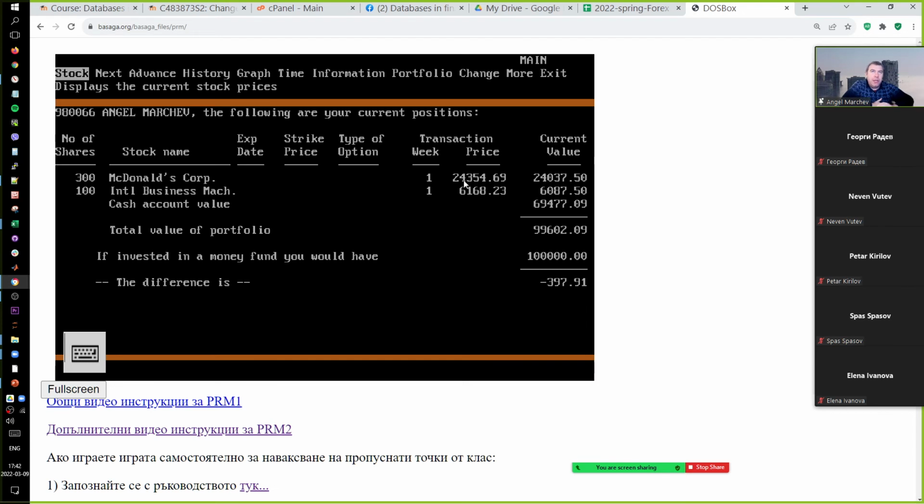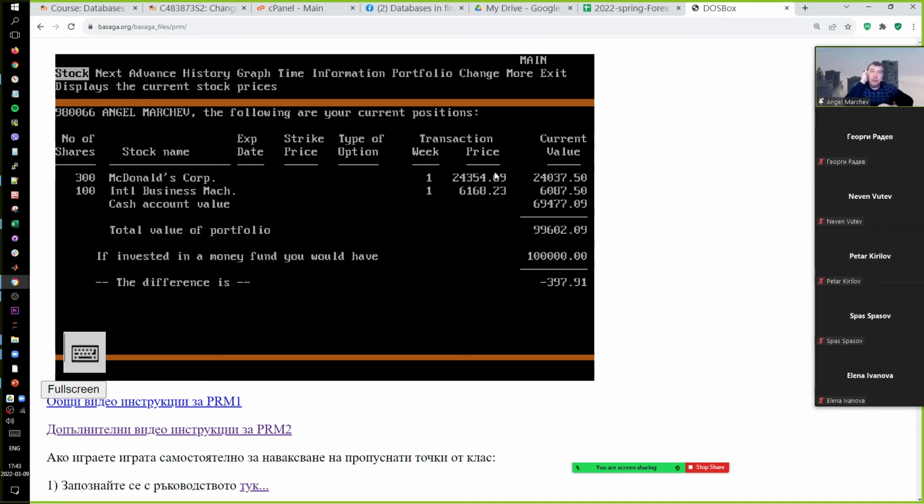So if you want to make sure to understand if you're earning money or not from a current position, you can see if this number is higher than this number, you're losing money. So basically this says 300 shares bought in the first week at the total price is 24,000 something, and the current price is 24,000 something, but lower than this.